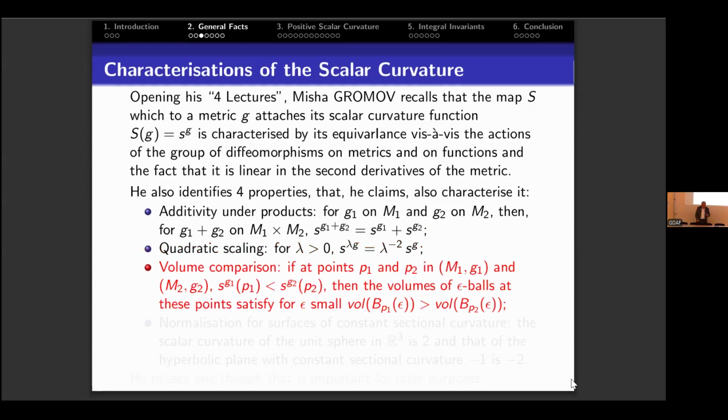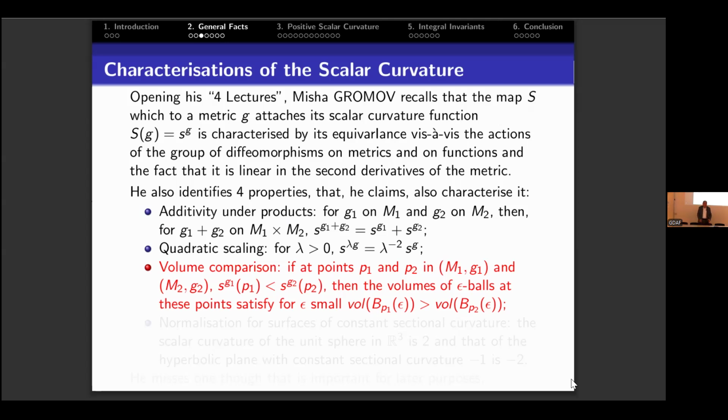And then there is a volume comparison, which says that if I take points P1 and P2 in two manifolds having Riemannian metrics g1, g2, and if the scalar curvature of g1 at P1 is less than the scalar curvature of g2 at P2, then the volumes of the small balls at these points satisfy, for epsilon small, a volume comparison.